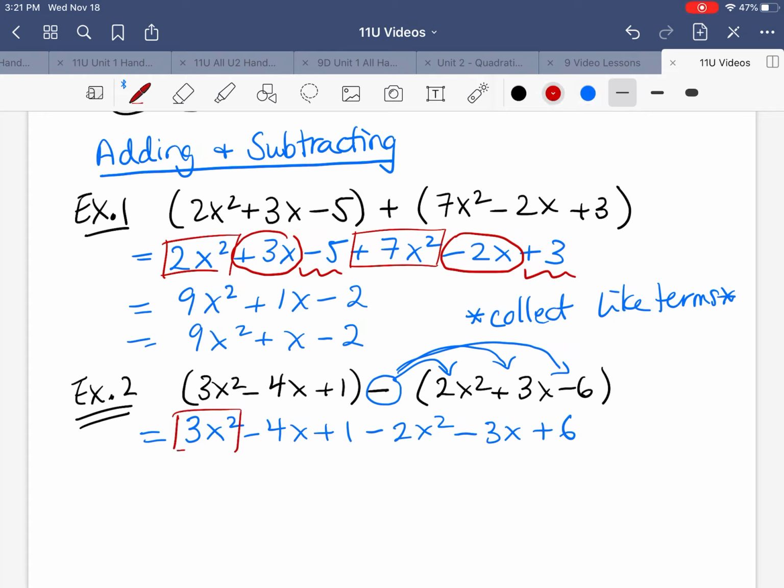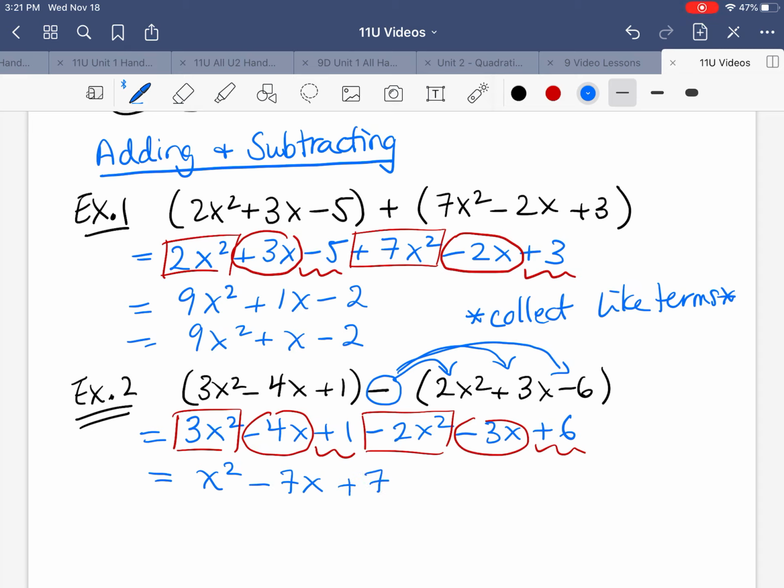Now I'm going to collect like terms just like I did in the question above, making sure that the sign in front of the term goes with the term. So we have 3x² minus 2x², that gives us 1x². And we have -4x minus 3x, that gives us -7x. And then we have a +1 plus 6, which gives us +7.